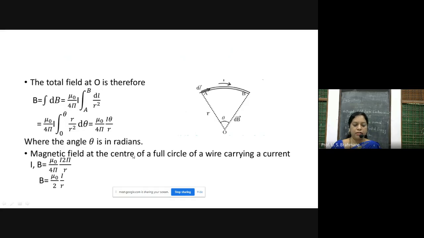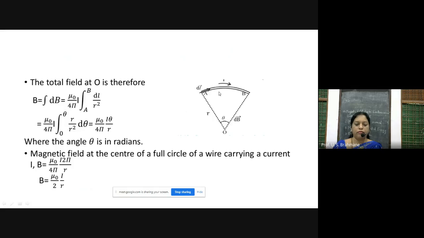Magnetic field at the center of the full circle of a wire carrying a current I: B is equal to mu 0 upon 4 pi, I is taken, and instead of theta, 2 pi. So we get B is equal to mu 0 upon 2, I upon R. So this is the equation for the magnetic field at the center of the circular loop.